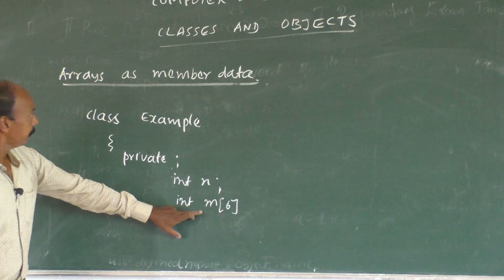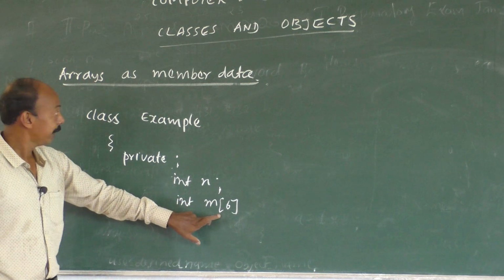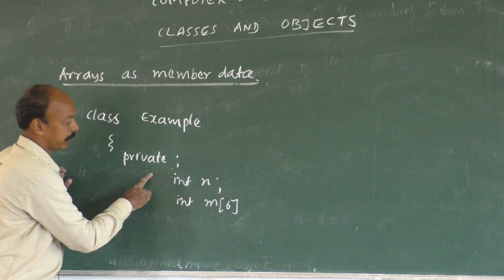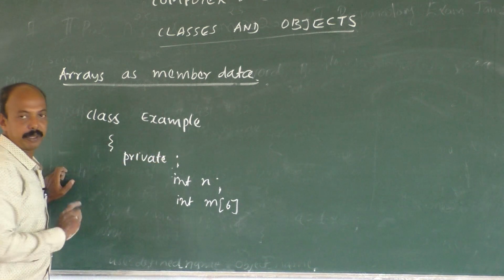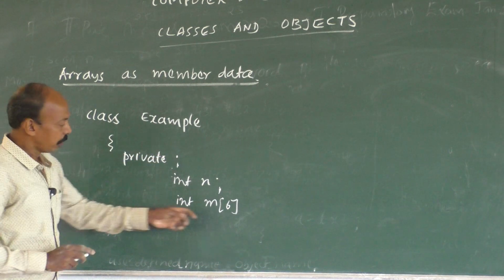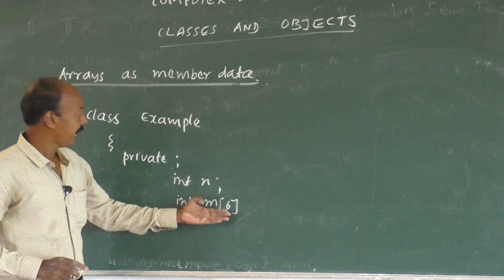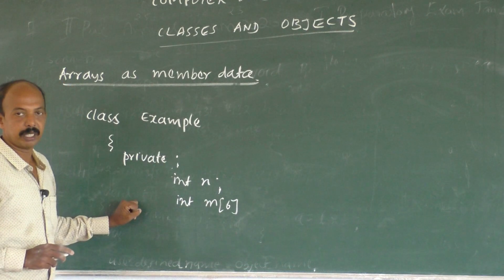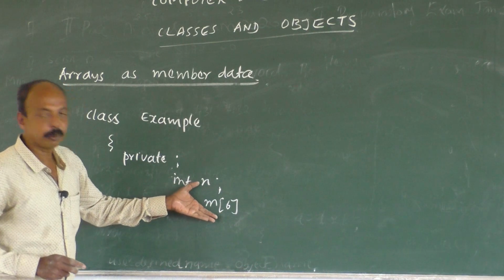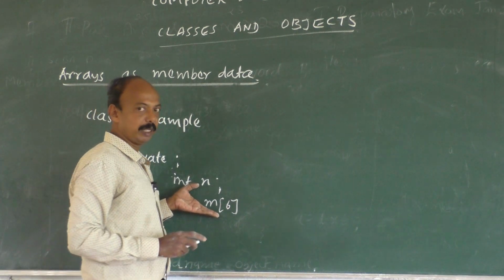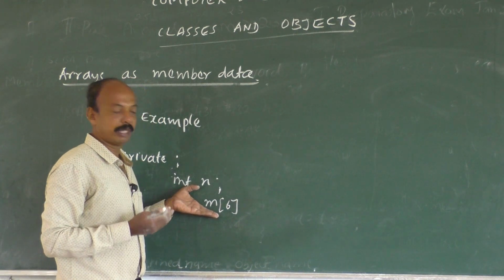So it becomes an array, but it is a member of this particular class Example. It's possible to have arrays as members of the class. Directly we shall discuss one of the programs which we had last year. We shall modify it a little bit.